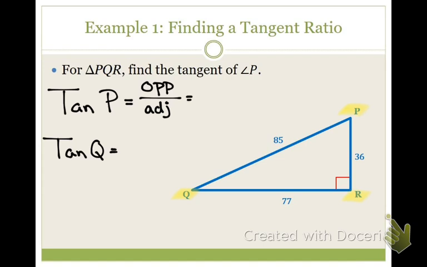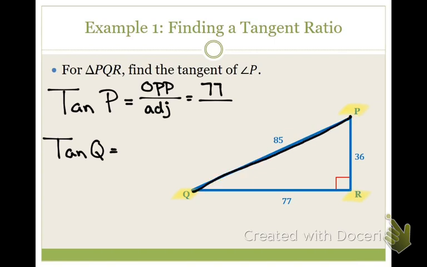So what I need to figure out is the side value of the opposite side to angle P. You see angle P, so you look at the side opposite to angle P, and what's that value? 77. Now you need to look at the adjacent side. And remember what we said.